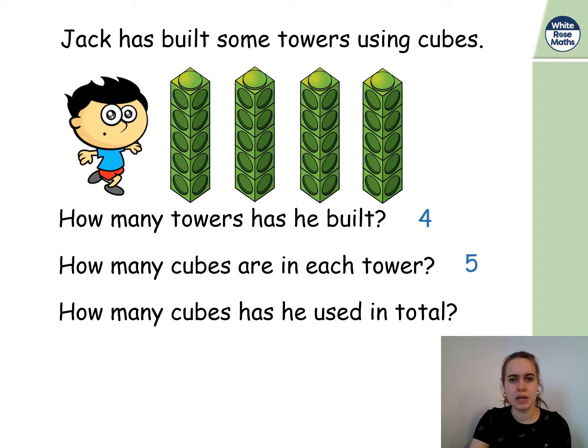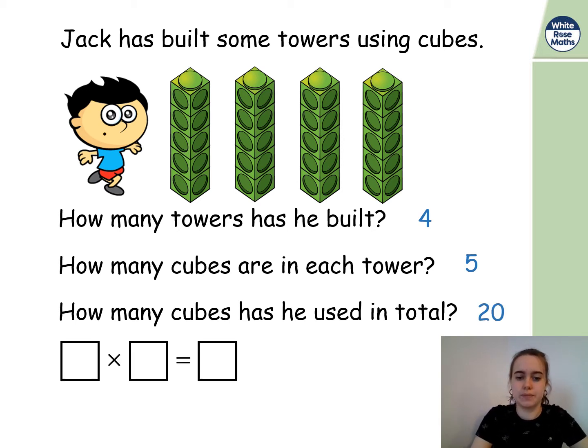And how many cubes then has he used in total? I can count those up in fives. There's 5, 10, 15, 20. There are 20 cubes. That's the same as saying there are 4 lots of 5, or we could switch around and say there are 5 multiplied by 4.